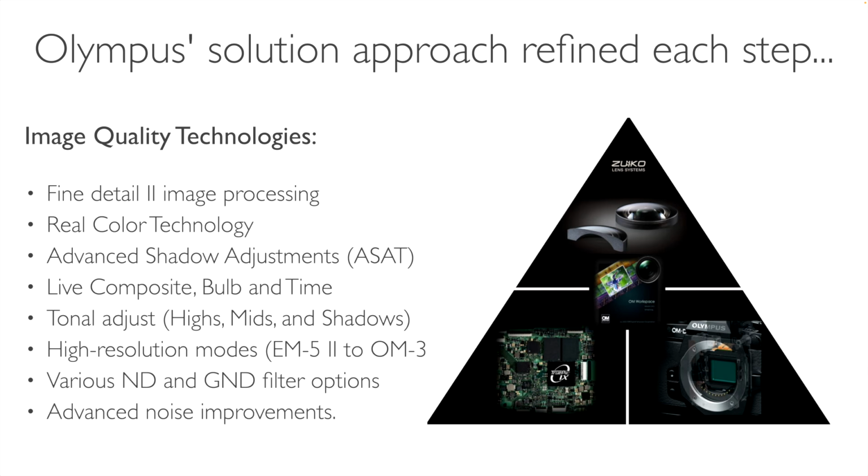So if you look at this triangle here, you have basically 4 elements. You have the sensor, the TruePic image processor, the lenses, the Zuiko technology that they use, and there's so much information to learn about these lenses, and then Workspace, which is more the theme of the day.